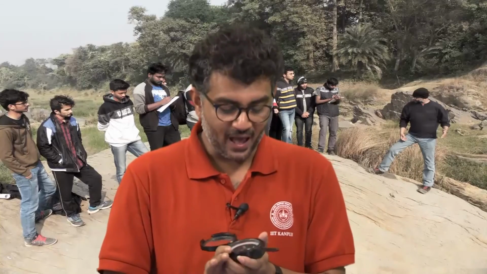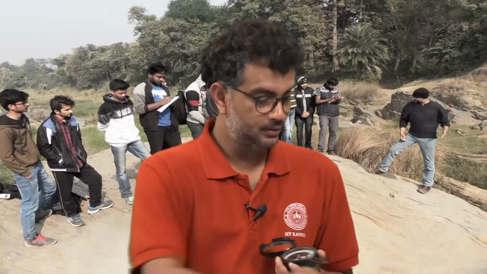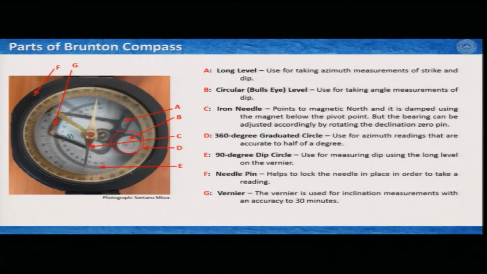Of course, you have to keep it in the horizontal plane. Now, how to make sure that you are keeping your compass along a horizontal plane? To do that, we have one circular level, if you look at the slide, we call it bull's eye level. So, keeping this little bubble inside the circle makes sure that your compass is horizontal.